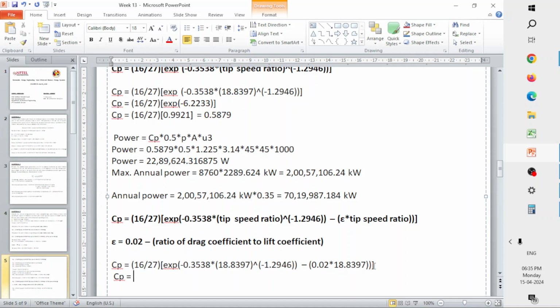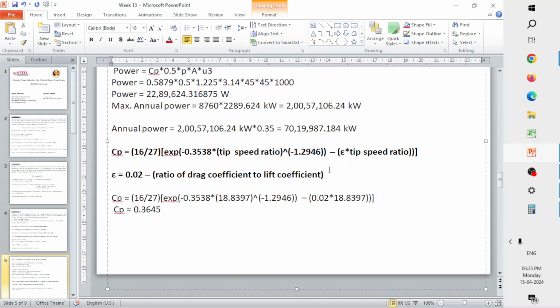So this value will be nothing but 0.3645. You can always verify whether the calculation I have done is right or wrong.